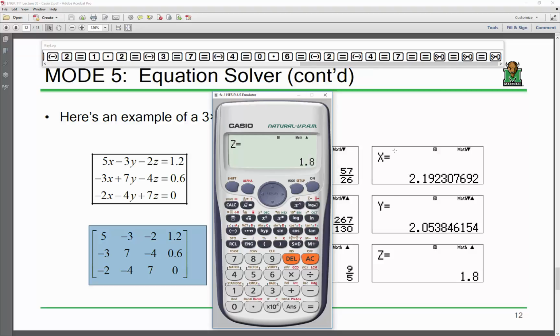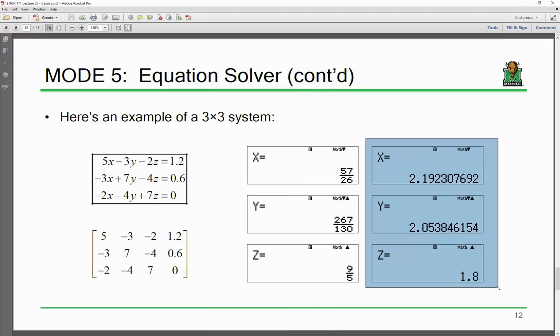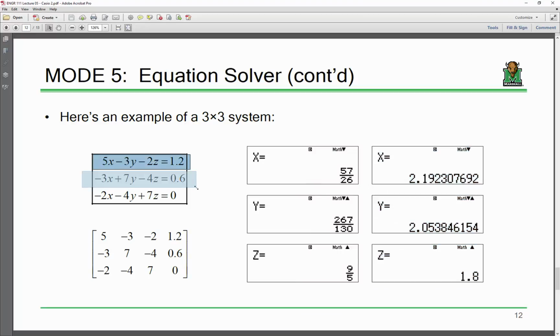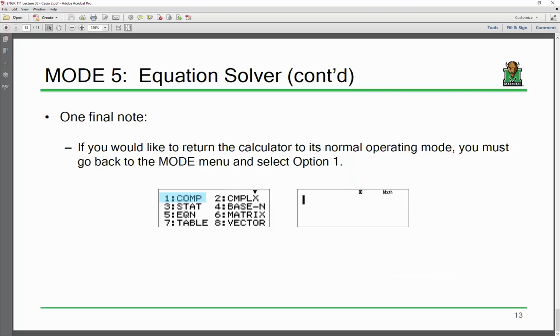In other words, if I took each one of these values and plug them into this equation, and this equation, I promise you that 5x minus 3y minus 2z does in fact equal 1.2, and minus 3x plus 7y minus 4z does in fact equal 0.6, and so on. So it's a pretty powerful tool that the calculator utilizes.